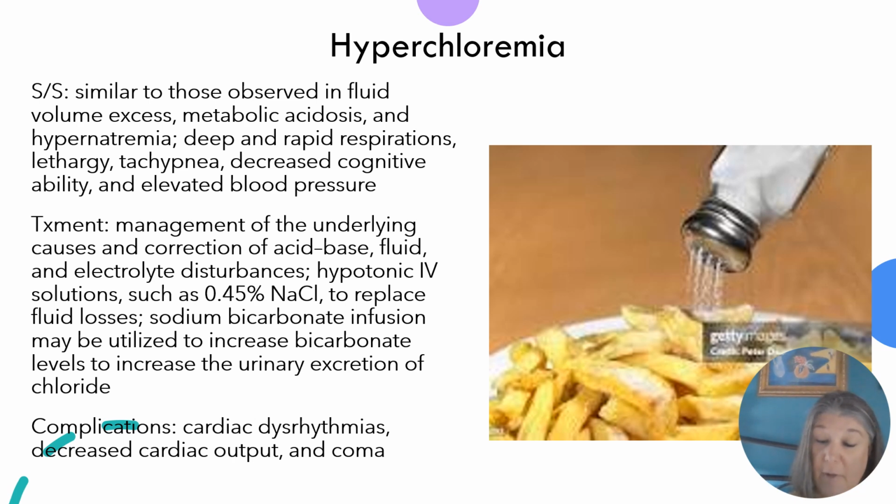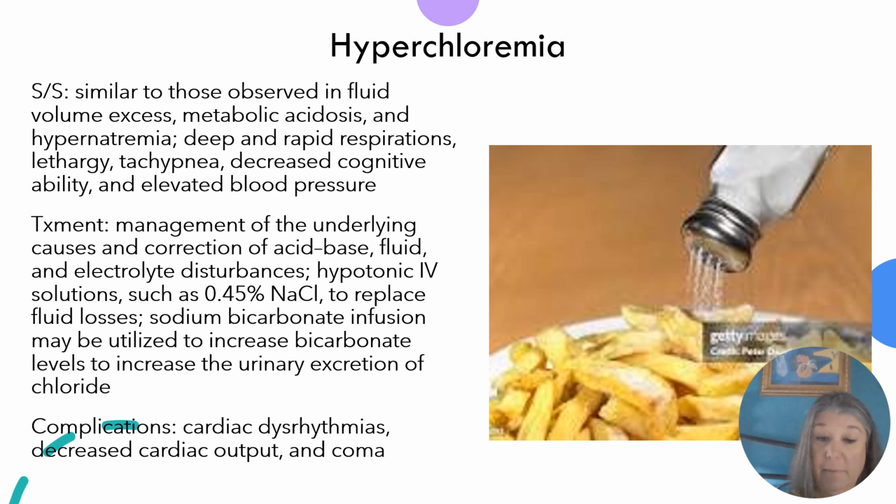Now, that elevated blood pressure is going to be related to the fact that, don't forget, where we have lots of salt, a lot of times we have lots of fluid. So that elevated blood pressure is going to be related to the fact that we have too much fluid because it's hanging out with our too much salt.